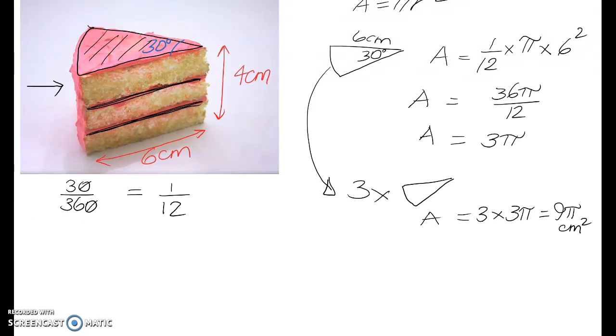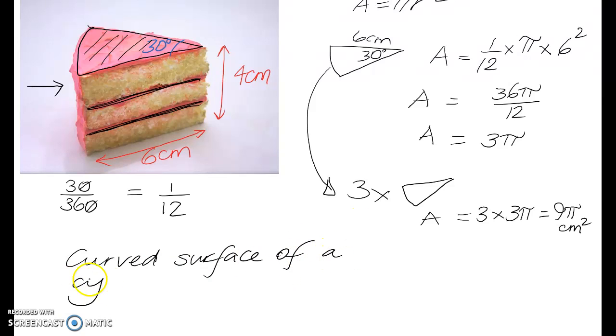Okay, so if I was going to look at that, that is a part of a curved surface of a cylinder. Now the curved surface of a cylinder, let's just remember what that is.